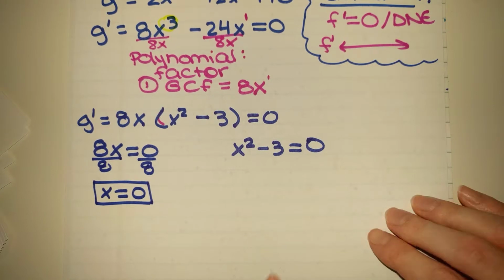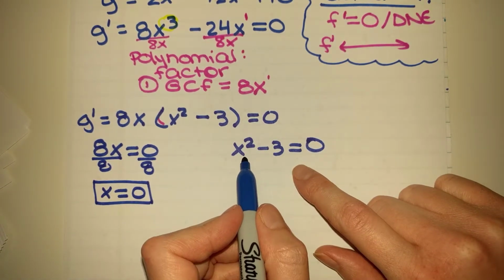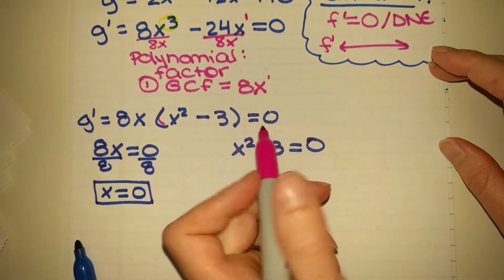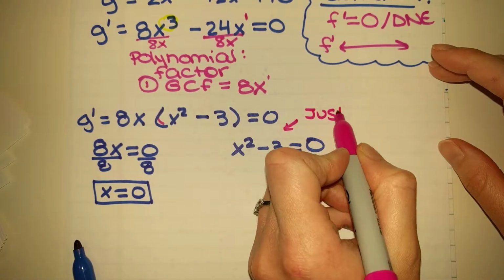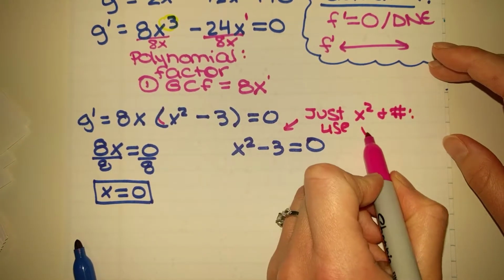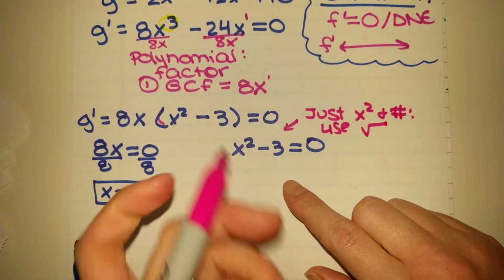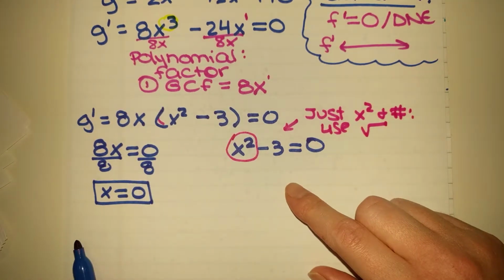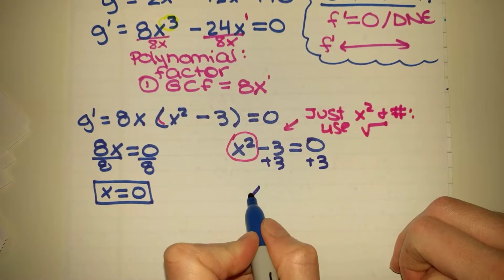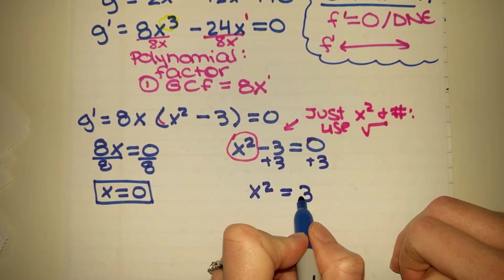Now, for the second equation, we notice that we can't really factor this in terms of a perfect square, but because it is just x squared and a number, what we can do is use the square root method. So we isolate the x squared as much as we possibly can. So we add 3 to both sides, and we get x squared is equal to 3.